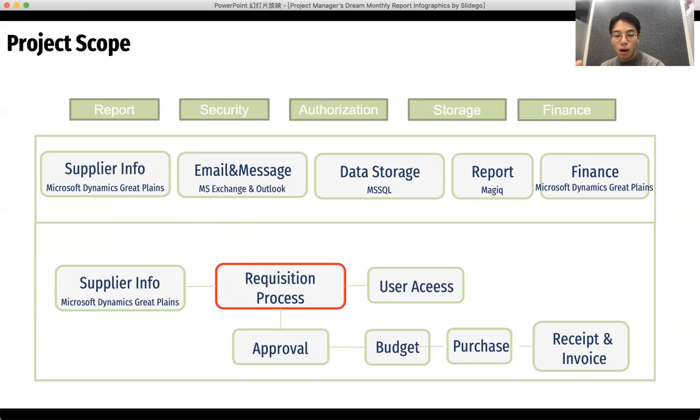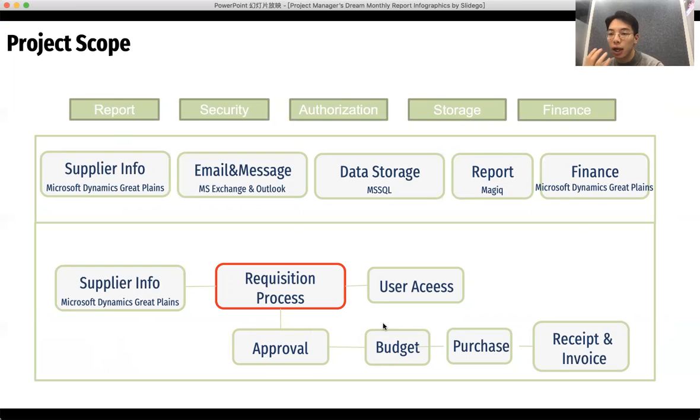And after they finish the requisition part, the processing would be generalized and sent to the approver. Once the approver approves, the next step is the budget part.